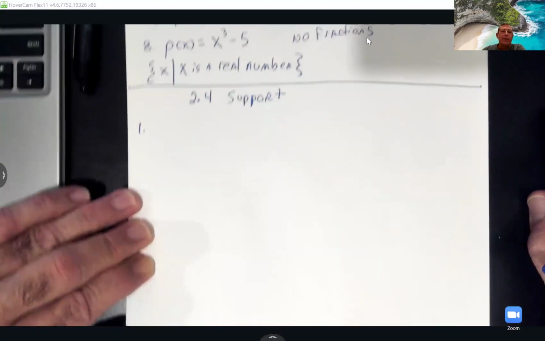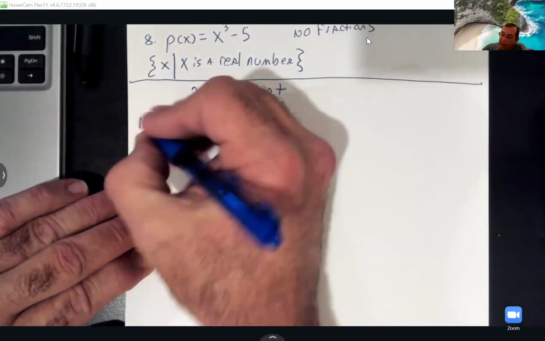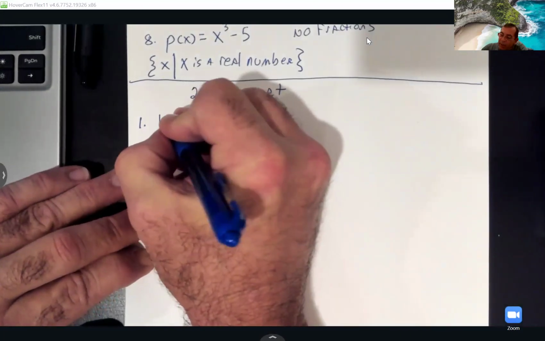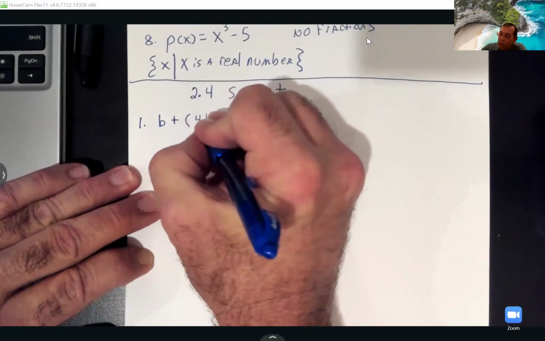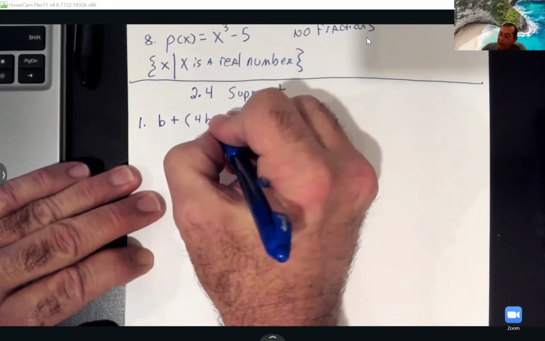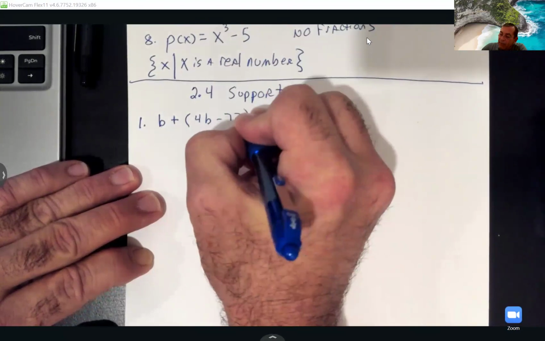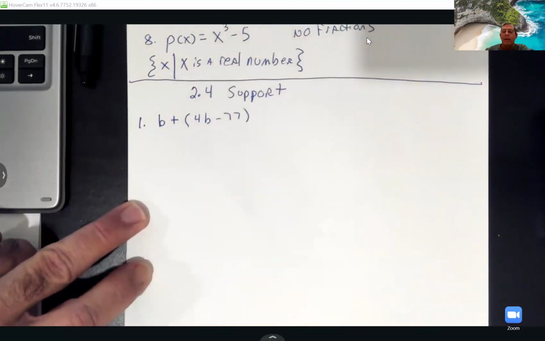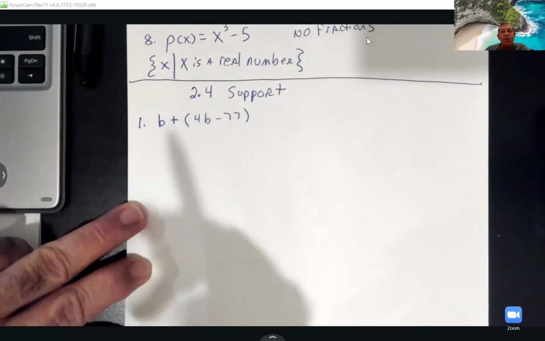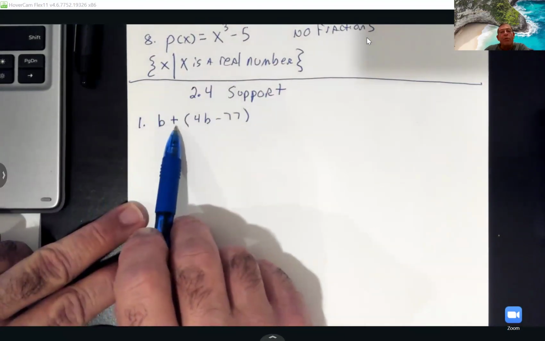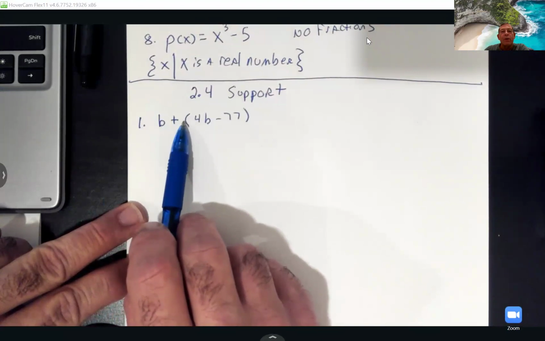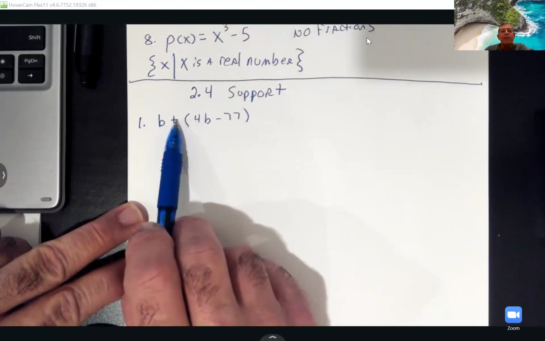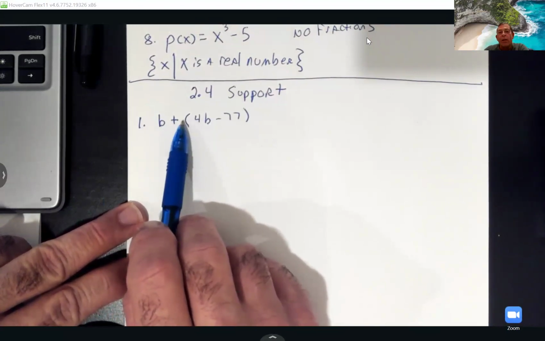All right, y'all, so let me see on my number 1 here. B plus parentheses 4B minus 77. And this is getting you used to parentheses. When a parenthesis has a plus in front of it and no number by the parentheses, we treat it like a +1.